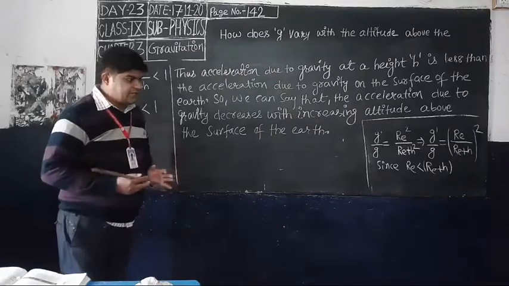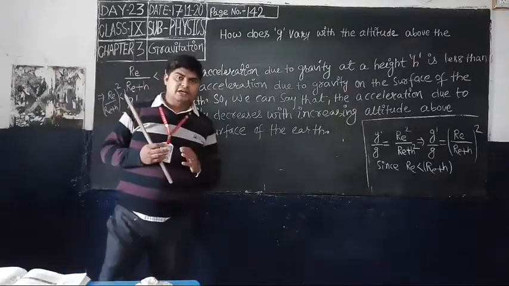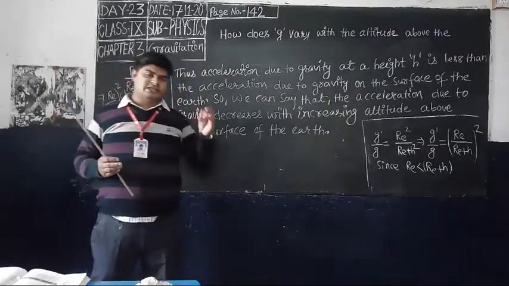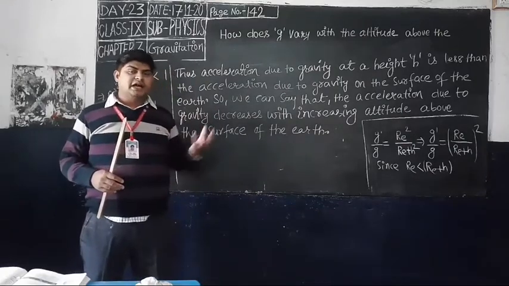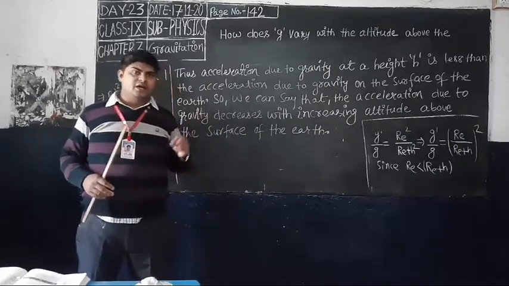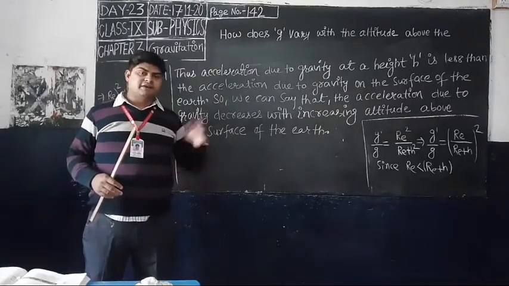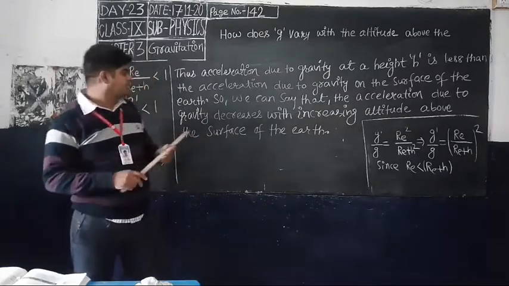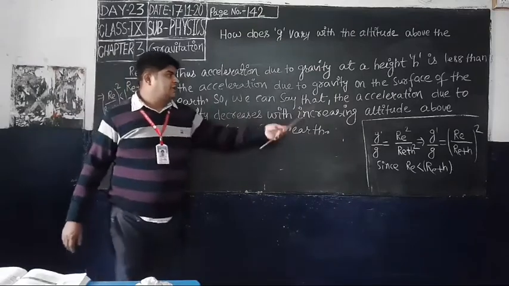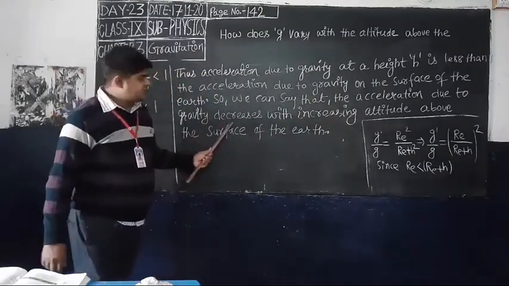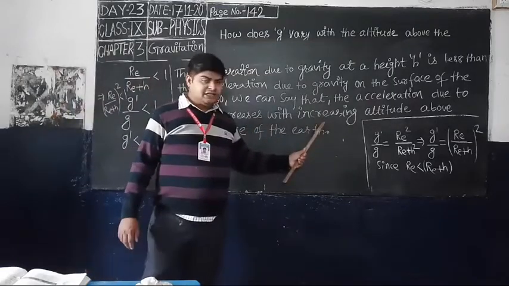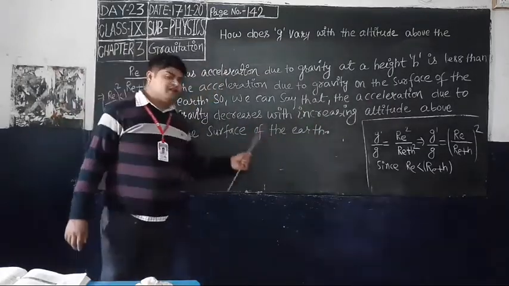So the acceleration due to gravity on the surface of the earth is always greater than the acceleration due to gravity on an object which is above the surface of the earth.